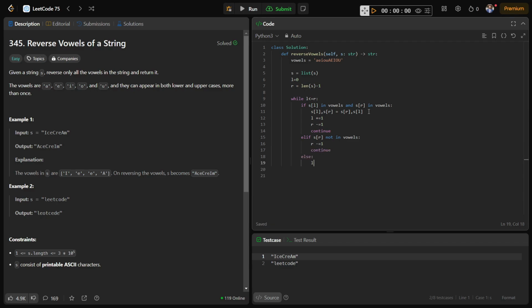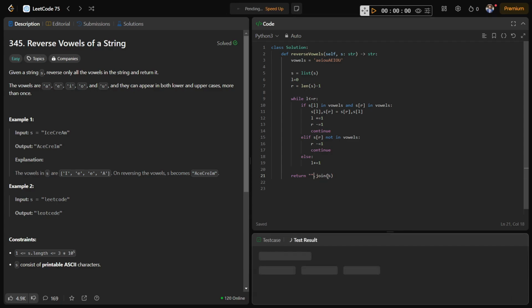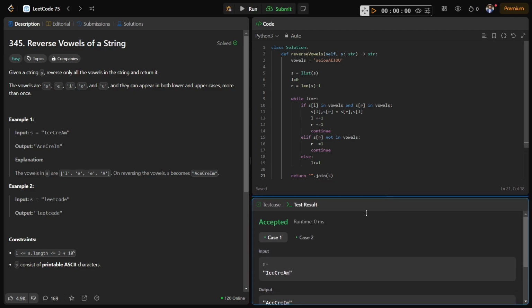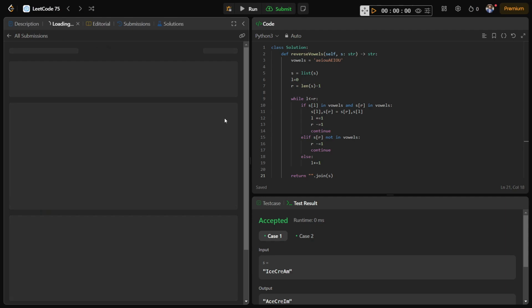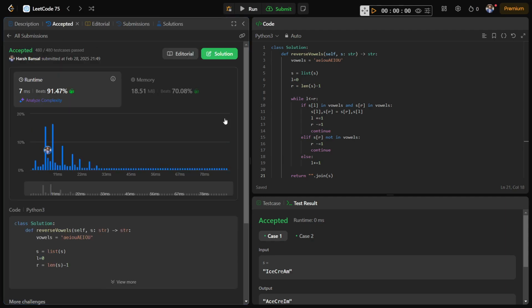Else we will increment the value of the left side, and it will return the join of S. So our code gets accepted. Let's submit it. So yes, we have completely solved our problem.